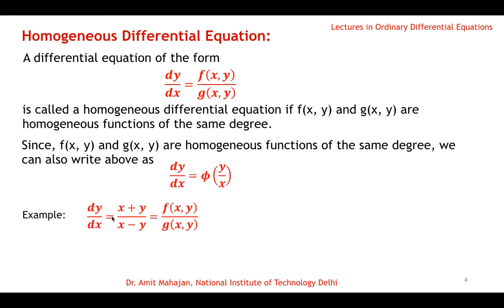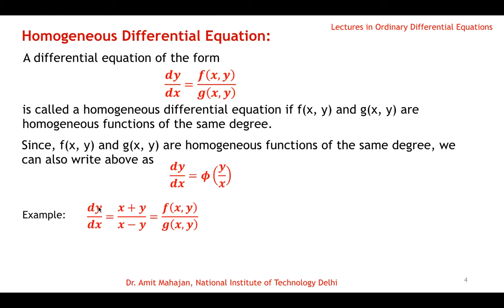Say for example, dy/dx is equal to (x + y)/(x - y). It is of the form dy/dx is equal to f over g, where f is the numerator function, g is the denominator function. You can easily see that this is x power 1, this is y power 1. So the numerator f is x + y, which is a homogeneous function of degree 1. Similarly g, which is x - y, is a homogeneous function of degree 1.